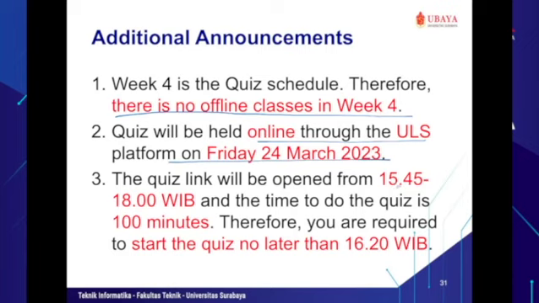The quiz link will be open from 3:45 to 6, and the time to do the quiz is 100 minutes. So you are free to choose when you want to do the quiz. However, please remember that there is a time limit. You are only limited to 100 minutes to do the quiz. Therefore, don't start the quiz after 4:20 because you will have less than 100 minutes.